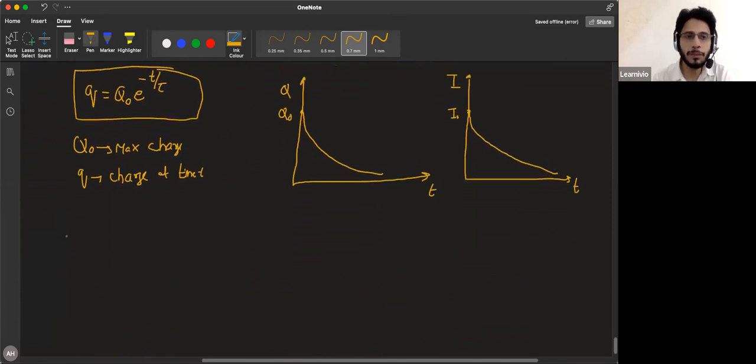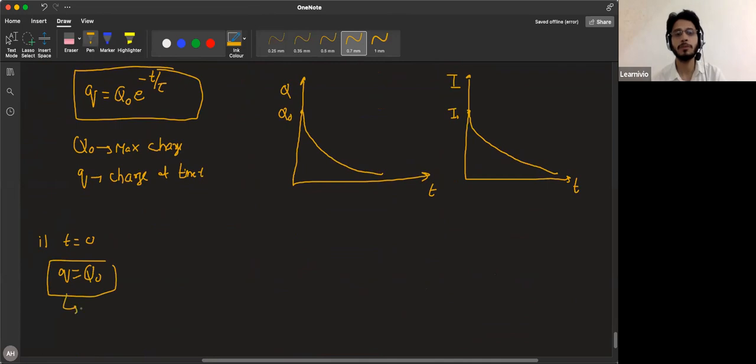So you can discuss the behavior at t equal to 0 and infinite. If I put t equal to 0, what is the value of charge? Q0, capital Q0. Q is equal to Q naught. Your charge is maximum at t equal to 0, because after t equal to 0, your capacitor starts discharging.